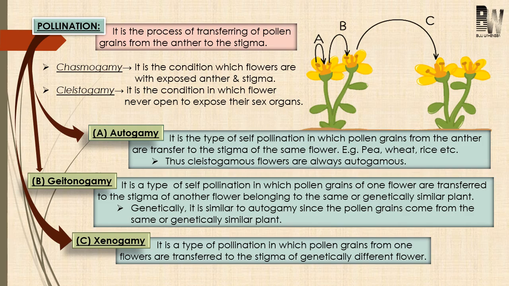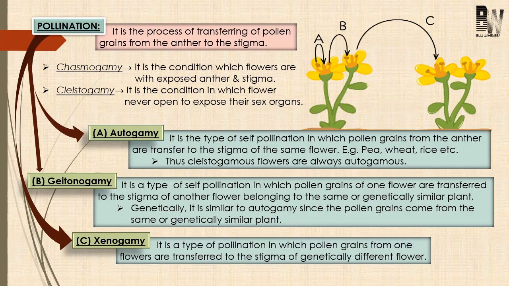Assured seed set, because in such plants, as the flower is not open, only autogamy will be performed. Another important point, when you come to chasmogamous flowers, the flower will be open. So there is a high chance of cross pollen landing, and the chance of autogamy will be very low. But in such flowers, still autogamy can be performed.